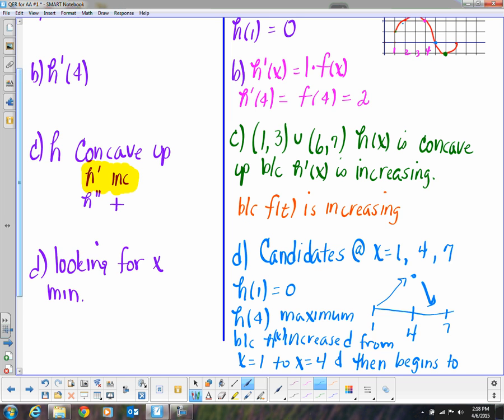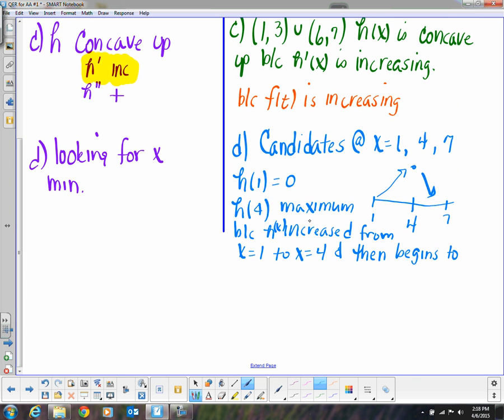So this is what I mean, that you kind of got to write it out in words. It's not as clear cut as if we could have found the area. So the maximum is at 4, but that's not what they asked us. But what that does tell us, maximum is at 4, not a minimum.